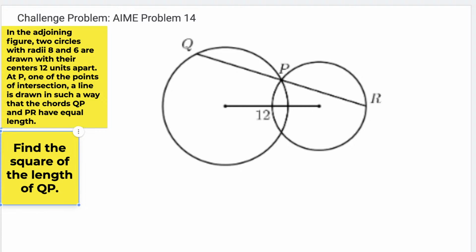Now I want you guys to try solving this problem. I'll give you guys 3 minutes. Okay, try solving. It's a nice problem. There are many different ways to solve this problem, but the easiest one is similar triangles. So make similar triangles.